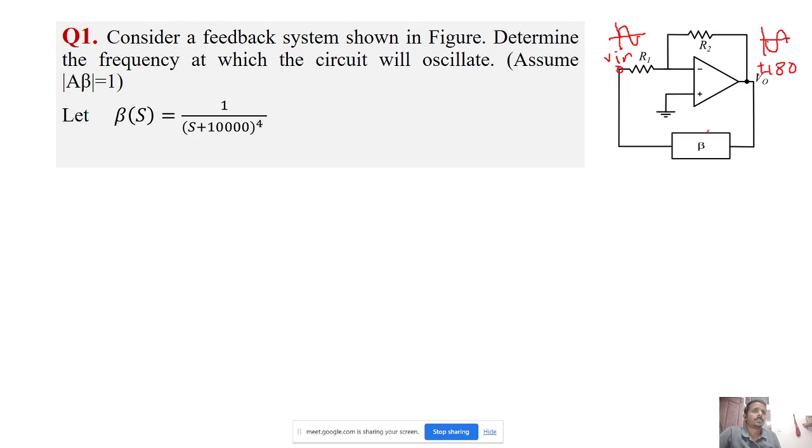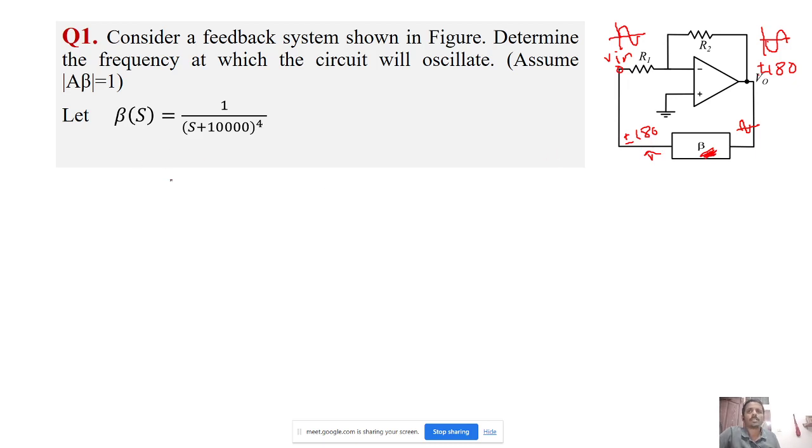For satisfying the Barkhausen criterion, the signal should again be 180-degree phase shifted at this input. So in order to make this circuit oscillate, the angle due to beta of s must be 180 degrees.